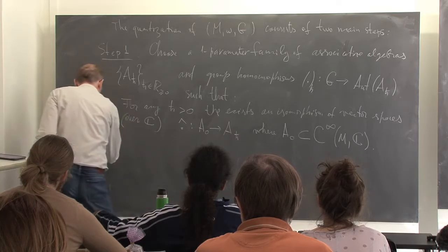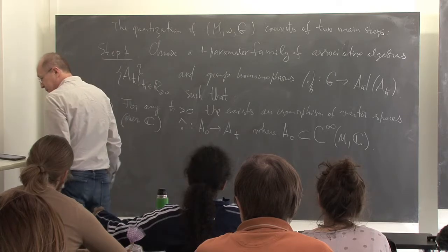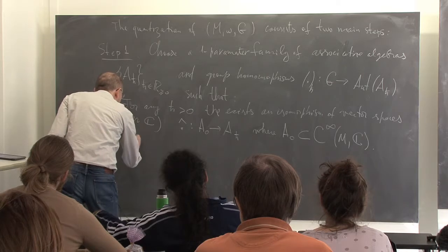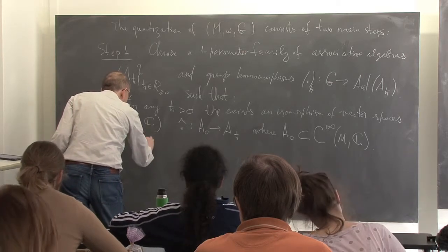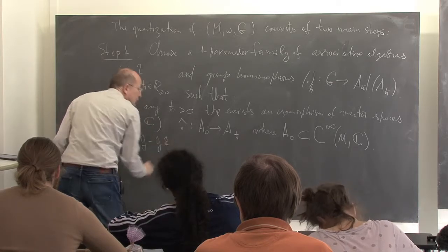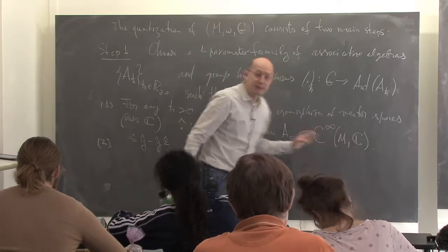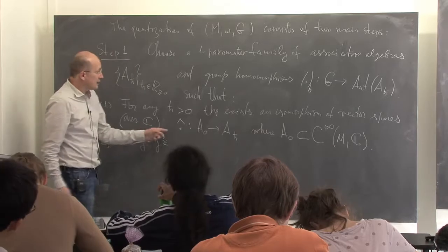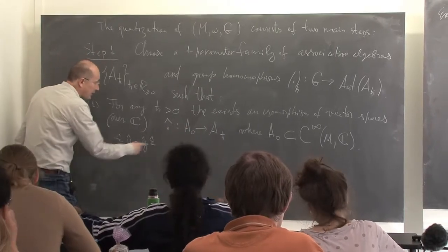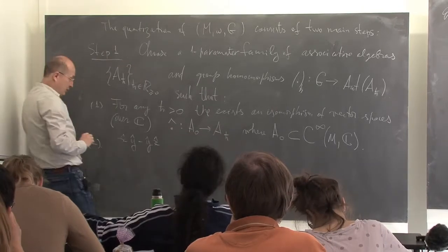Second thing, if we pick up two functions, x and y, and take the images and take the difference. Of course, this is a commutative algebra, but if we put a hat, we are in some algebra with h bar.